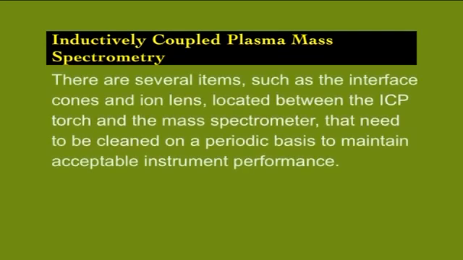There are several items such as the interface cones and ion lens located between the ICP torch and the mass spectrometer that need to be cleaned on a periodic basis to maintain acceptable instrument performance.